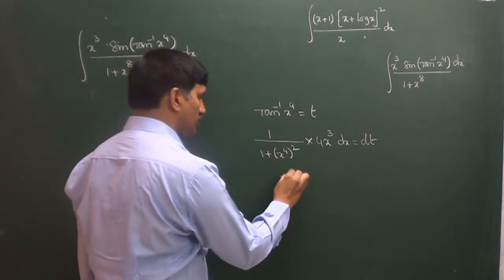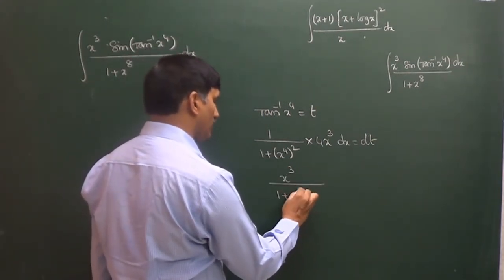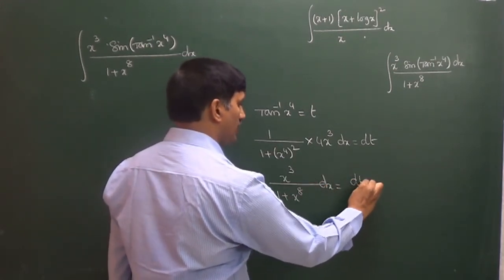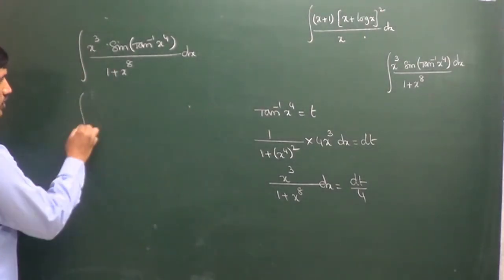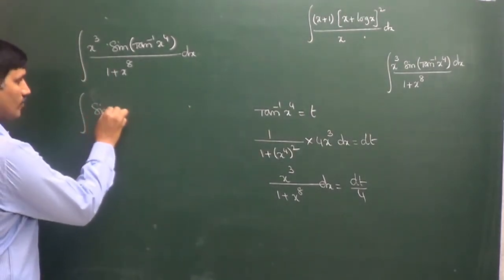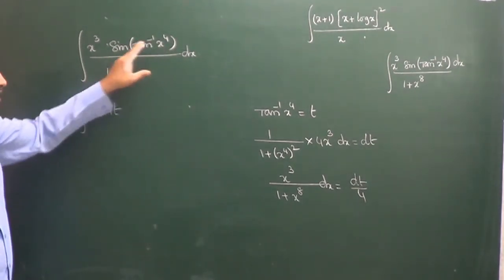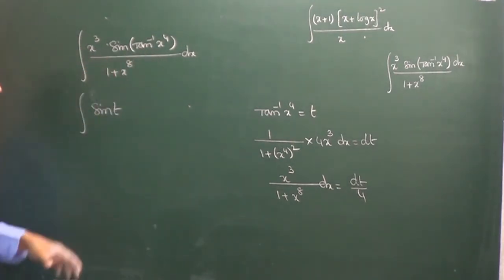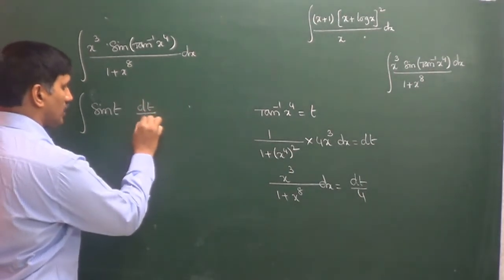Now the question changes as x cube divided by 1 plus x power 8 into dx equals dt divided by 4. Now this is sine t, this part is becoming t, and x cube divided by 1 plus x power 8 dx is becoming dt divided by 4.